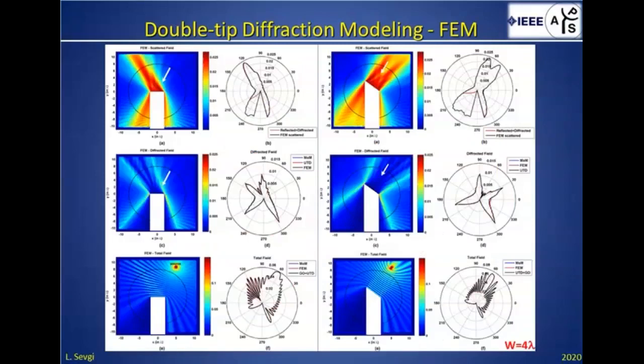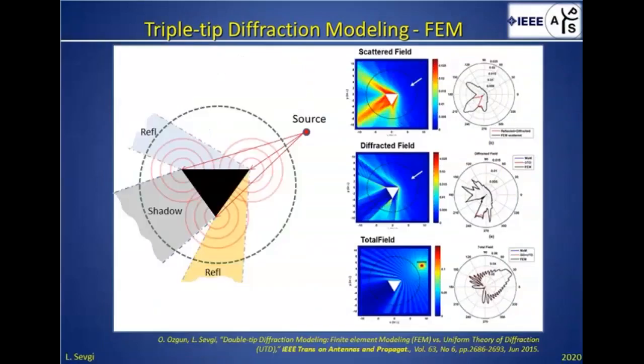Another example. Since you have methods, you can create your own methods. Next slide, please. And this is a triangular cylinder, so you have three tips. So triple tip diffraction can also be modeled and simulated with the same approaches. Next slide, please.